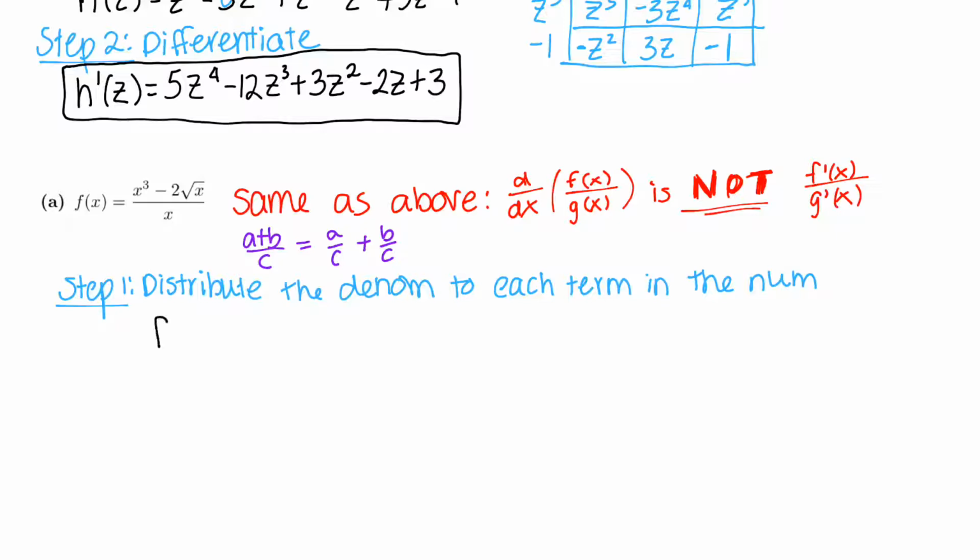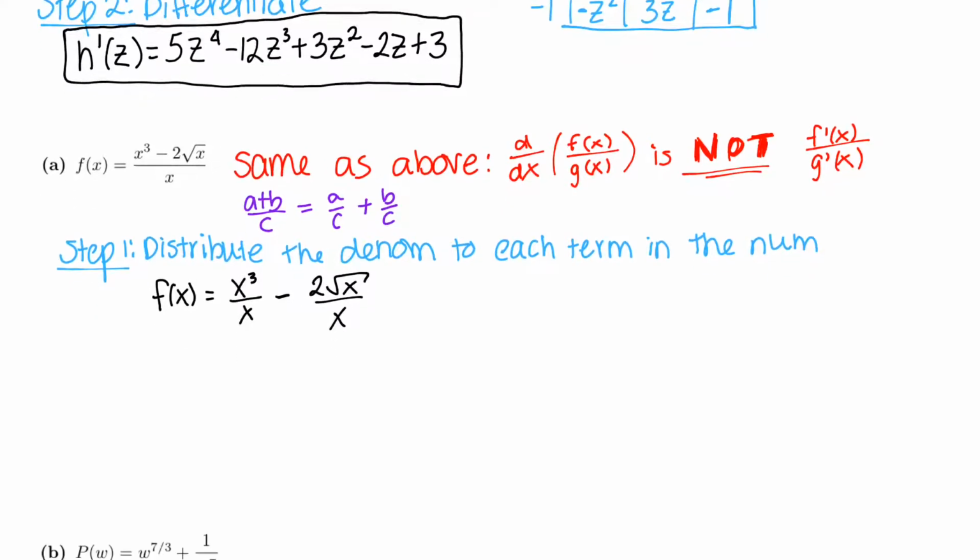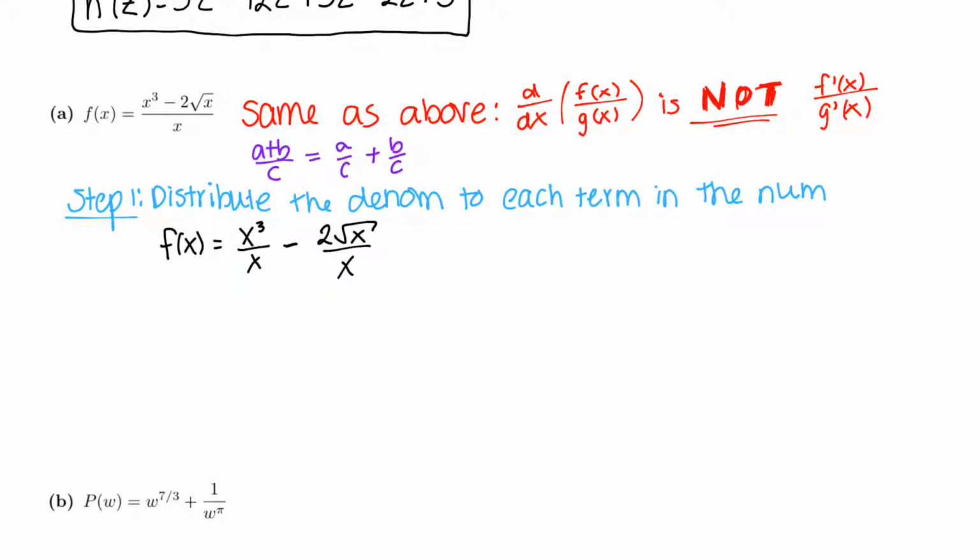So we have f of x is equal to x cubed minus 2 square root of x over x. For the next step, we're going to change any radicals into exponents, and then we're going to simplify.